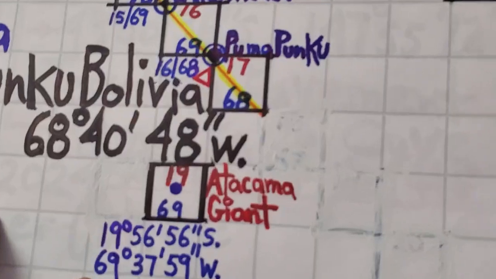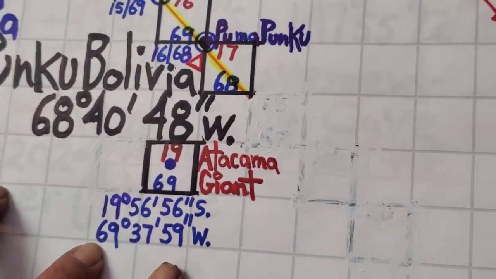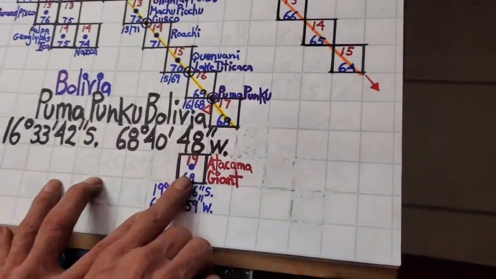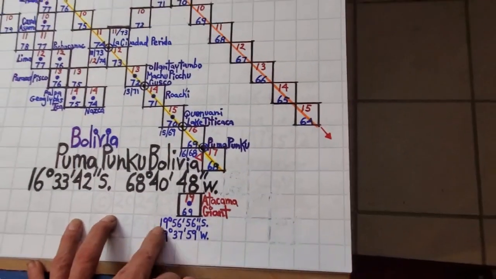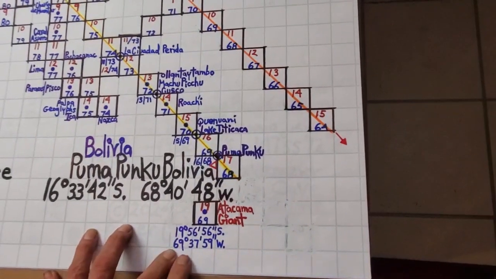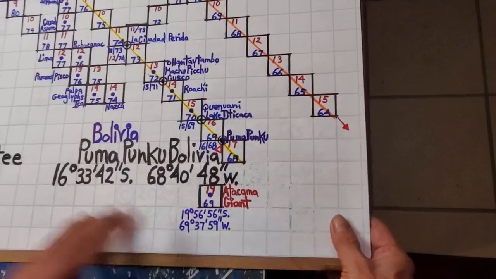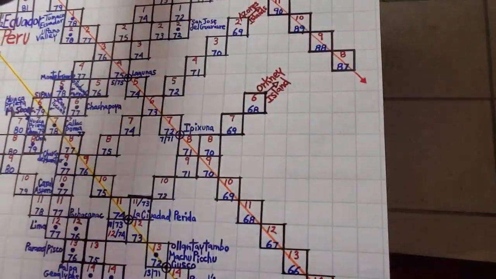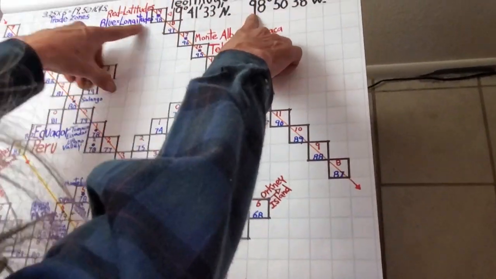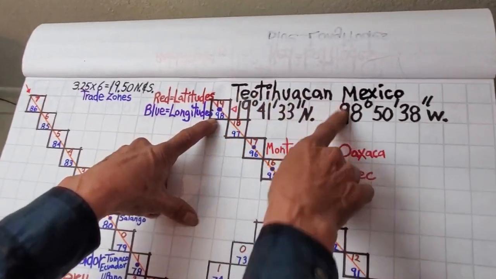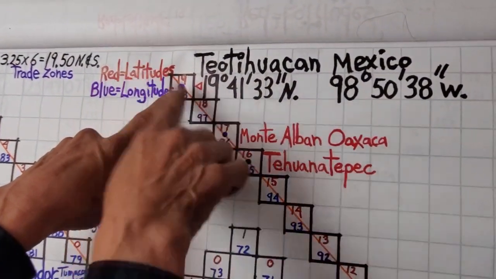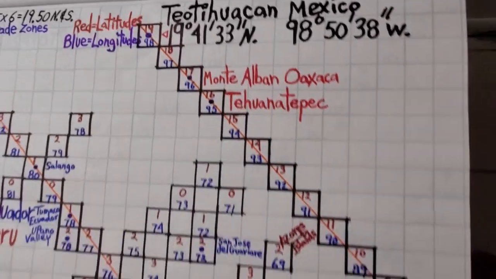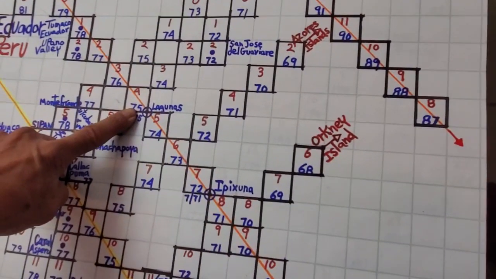The Atacama Giant. Everybody wondering what it was there out in the middle of nowhere for. It marked the trade zone for the 19 degrees south trade zone for the southern hemisphere, at 16 degrees latitude, 69 degrees longitude. As much as it was marked for 19 degrees, 98 degrees for the northern hemisphere at Teotihuacan. They marked the two trade zones from the equator to 19, from the equator to 19. And Atacama Giant marked that.